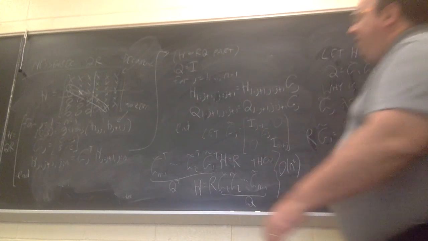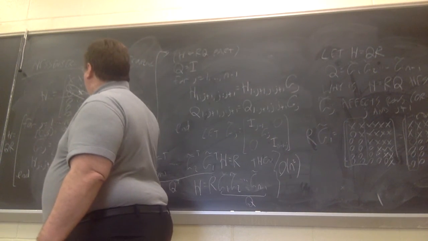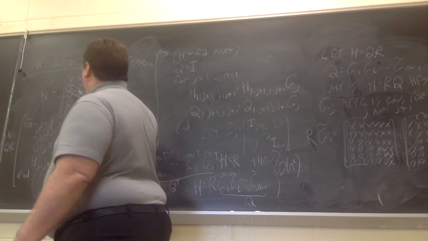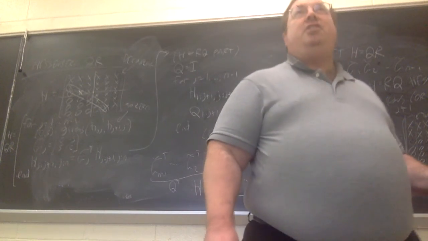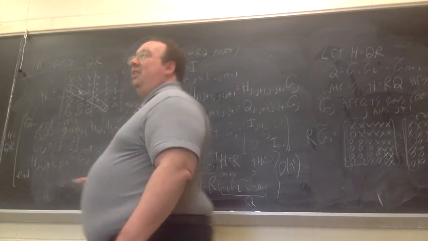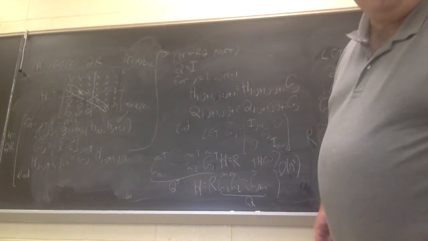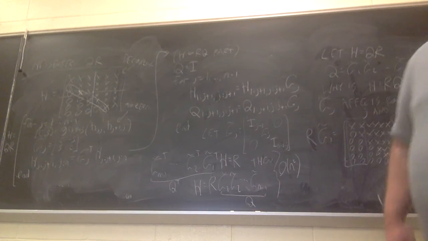So that means you only want to do this QR step on a matrix, or a portion of this matrix, where all the subdiagonal entries are still nonzero. You don't want to keep doing it on the whole thing. That's wasteful.